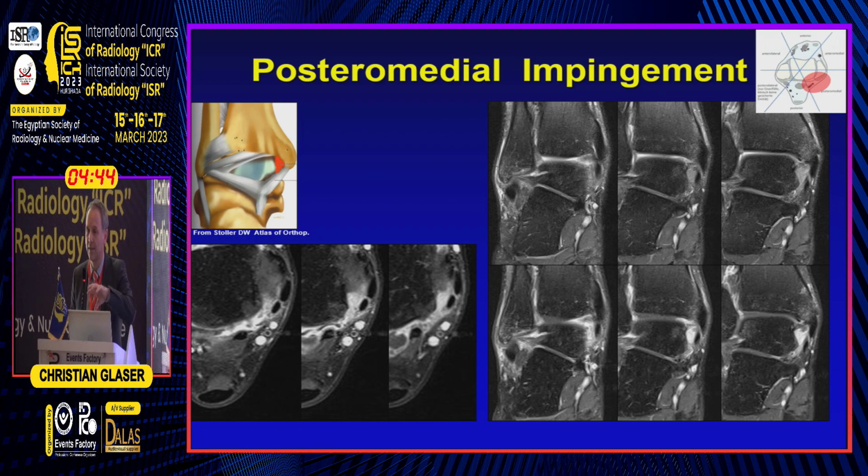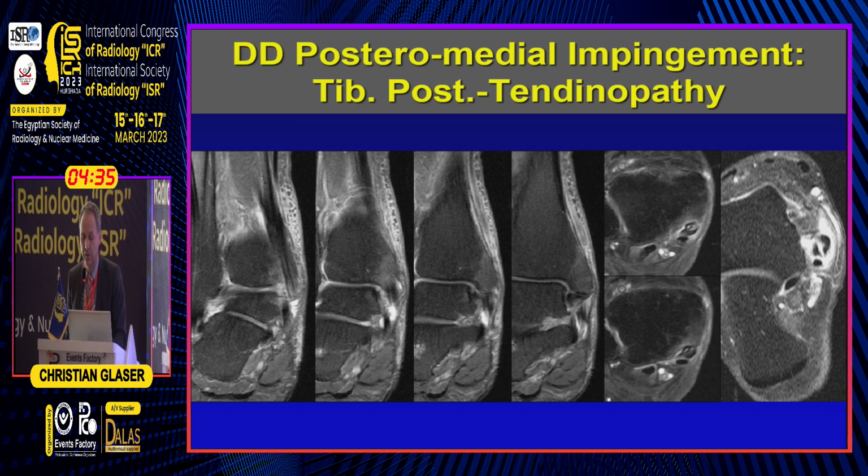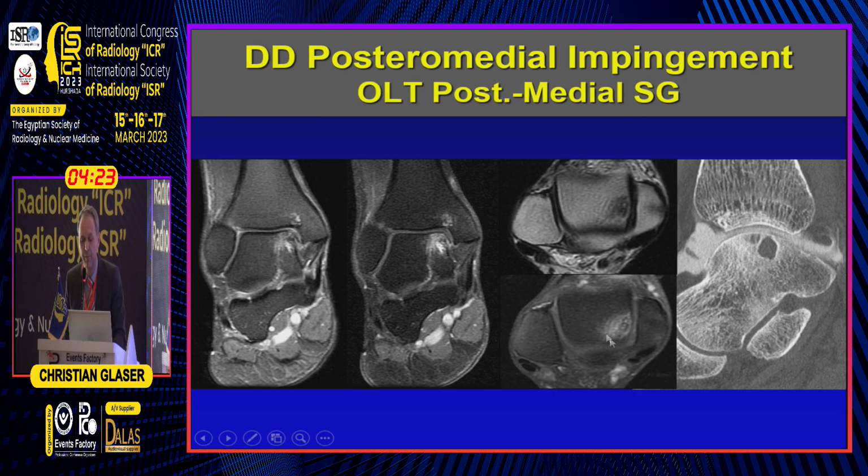And this is really a telltale sign in these maybe difficult cases to raise the suspicion or to be confirmatory towards the suspicion of posteromedial impingement. Among the more frequent differentials would be tibialis posterior tendinopathy and posteromedial osteochondral lesions of the talus, of course, that we would have to exclude.